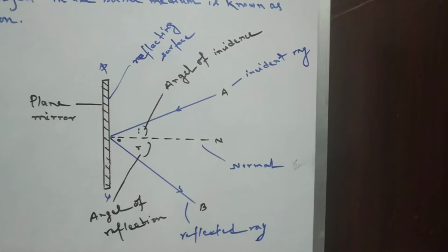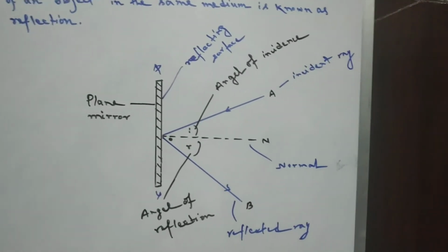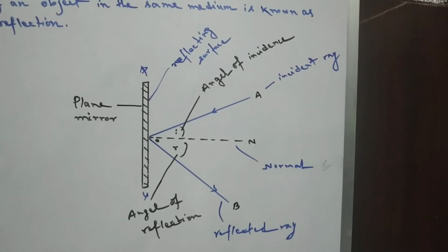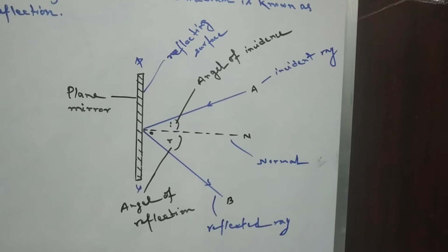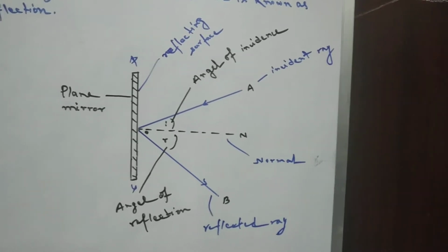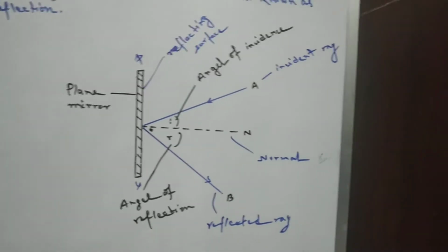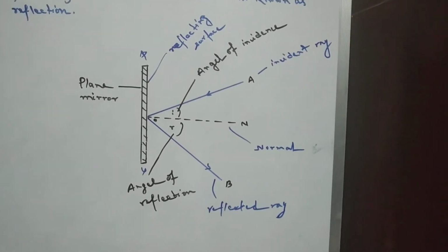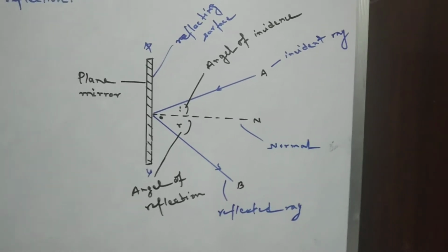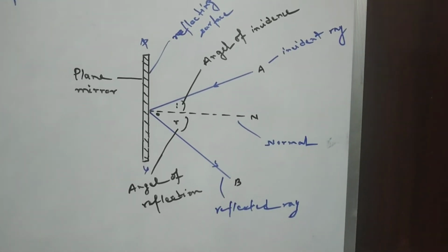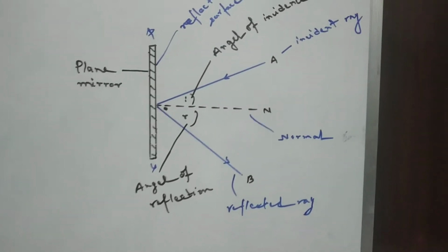ON is the perpendicular line. The incident ray falls at the point O of the reflecting surface. From the point O, you have to draw an imaginary line which will be perpendicular to XY. That imaginary line will be known as normal.